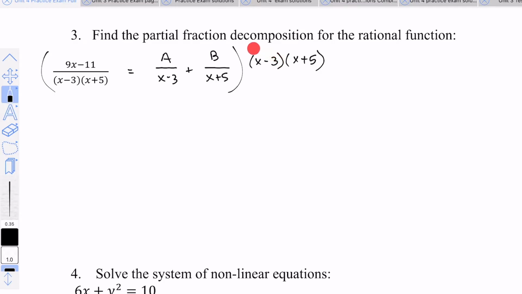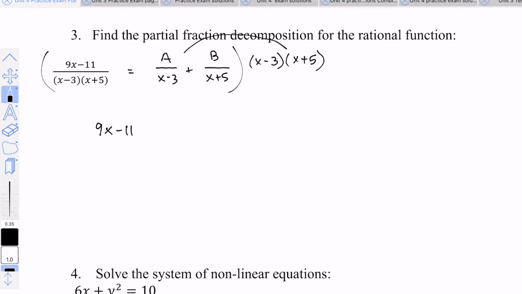And we distribute to each term. So when the lowest common denominator distributes to that term, it's just going to cancel out, leaving the 9x minus 11.